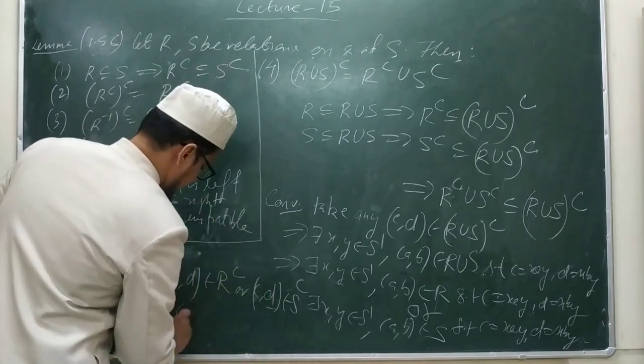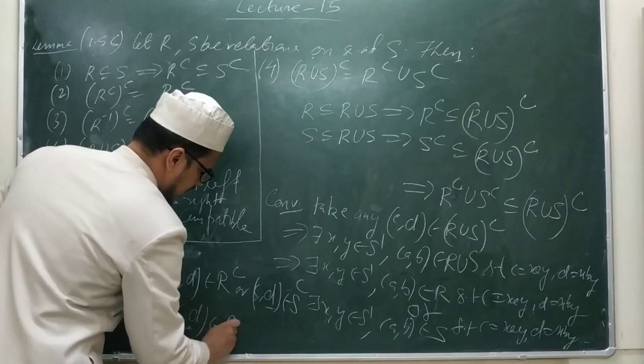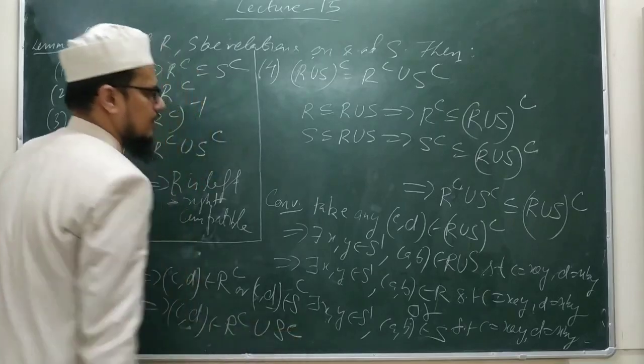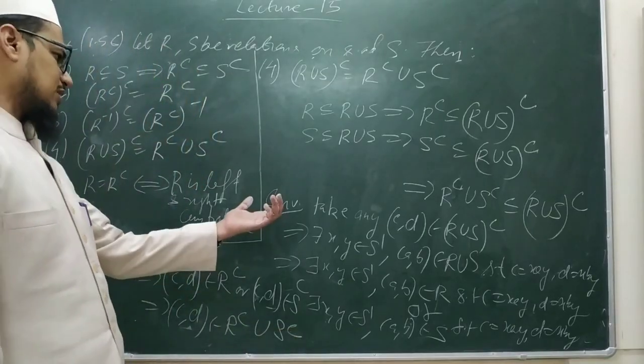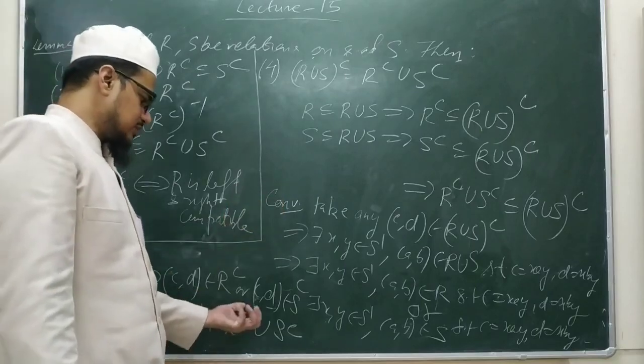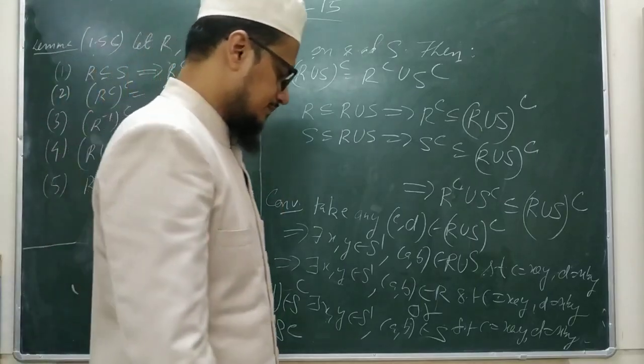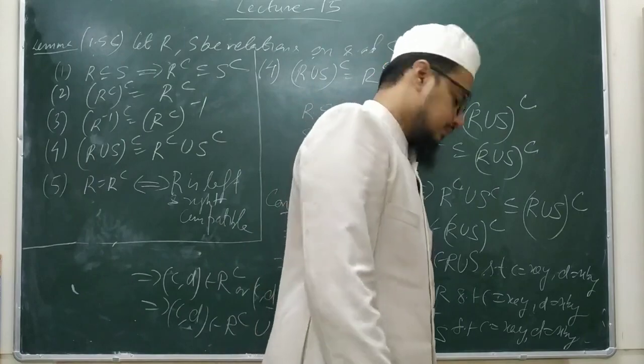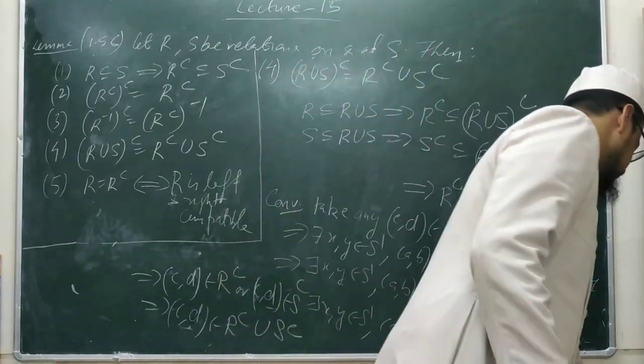It implies that C, D belongs to R^C union S^C. So in this way, (R union S)^C is contained in R^C union S^C. So this part is over. Now finally we do the fifth part.